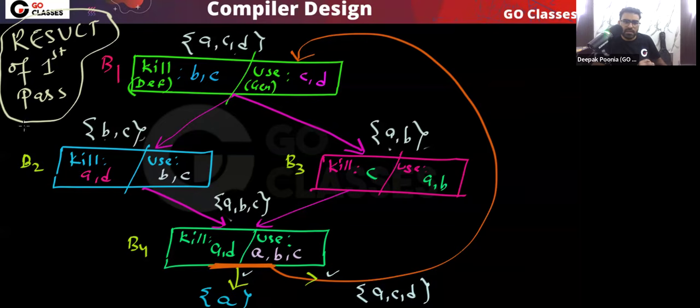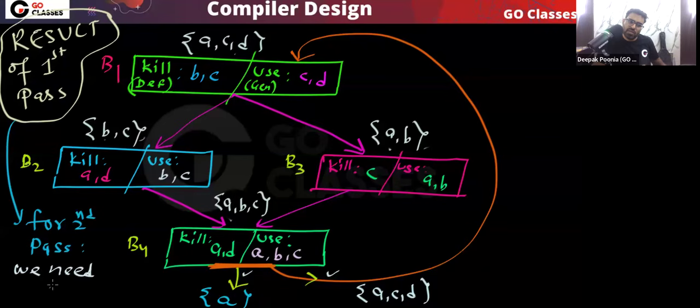Okay, and in this result, for second pass, what do we need? For second pass, we need in info of blocks. Okay, very simple. This in info.